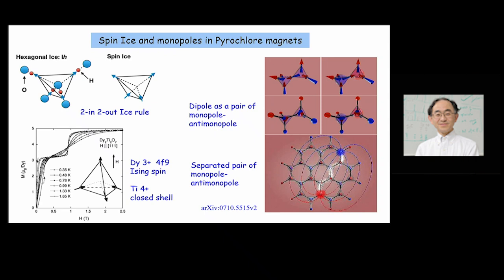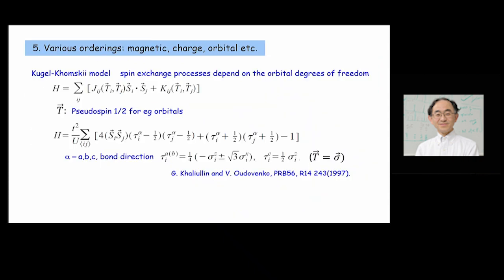The meaning of the monopole is that divergence M is non-zero, plus or minus, and corresponds to the monopole and anti-monopole. So this way of describing the excited state works quite well for this Ising spin ice system.